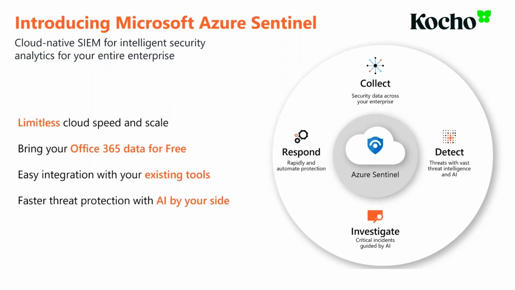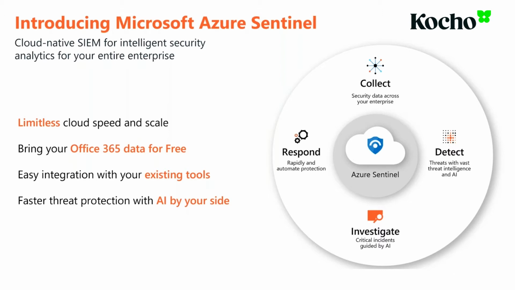Once we've collected that information and that's stored within Sentinel's repository, then it's all about detecting those threats or security insights, and that is based on a raft of different things, machine learning models I've mentioned already, but also analytic rules that look at very specific use cases. And analyze that data to surface important insights to you and your analysts.